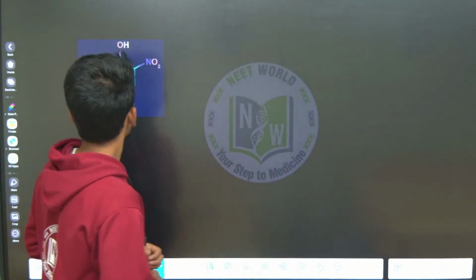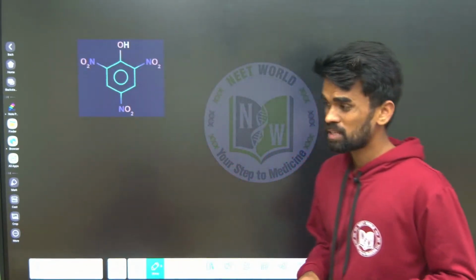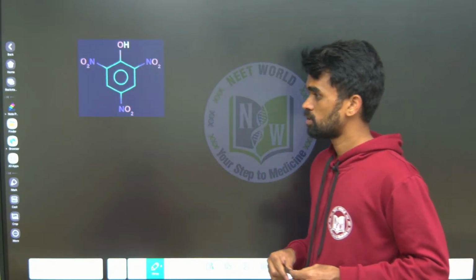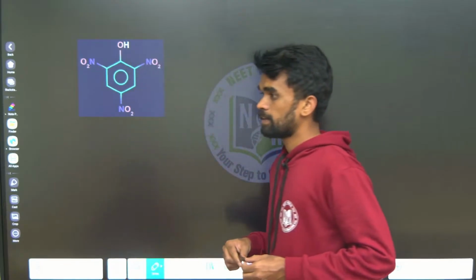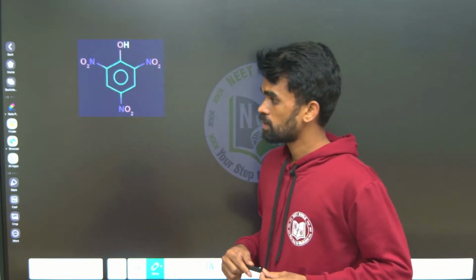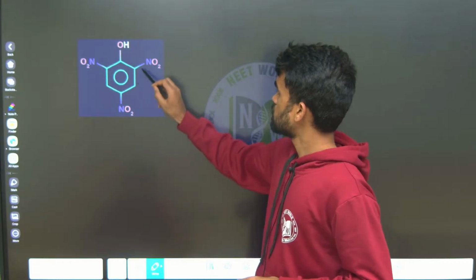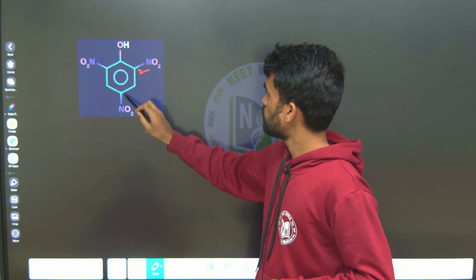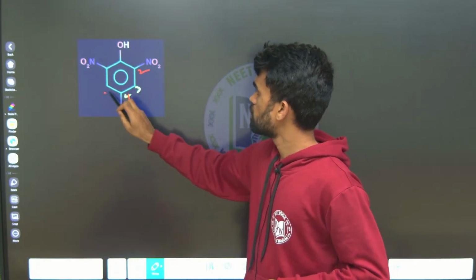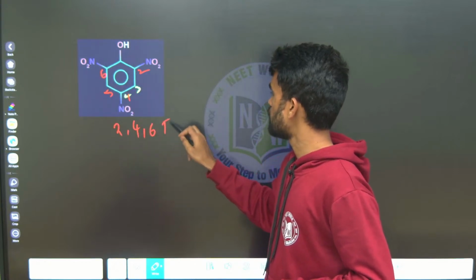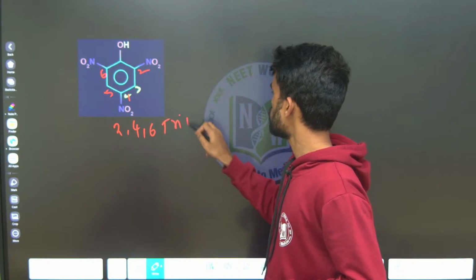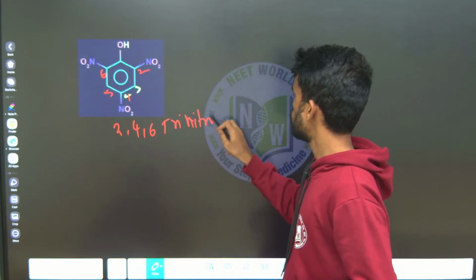Next, write the name of this compound. Trinitro, 2,4,6-trinitrophenol.